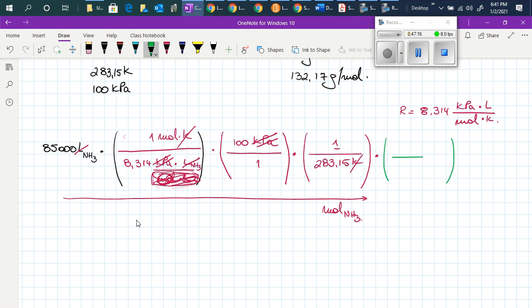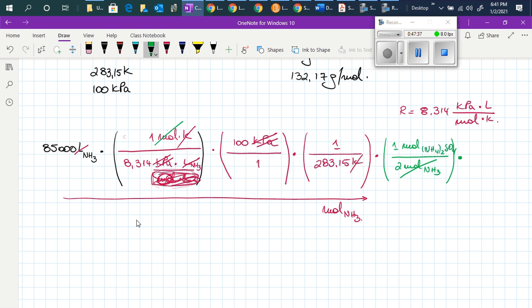So 2 moles of NH3 is needed to produce 1 mole of (NH4)2SO4. So moles and moles are cancelled out.